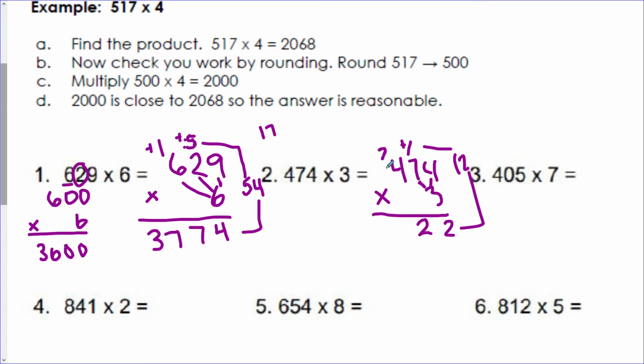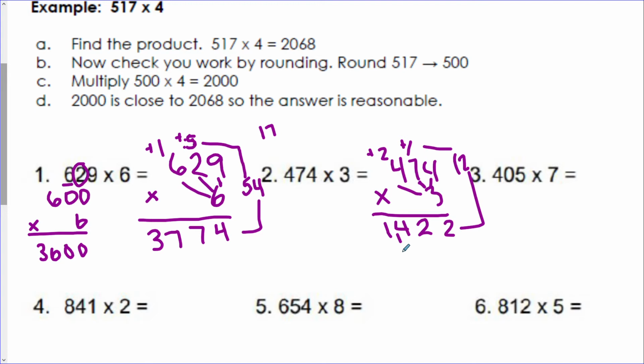Regroup the 2 up here. 3 times 4 is 12. 12 plus 2 is 14, so that's 1,422. Again, feel free to round it, check it, make sure the answer is reasonable.